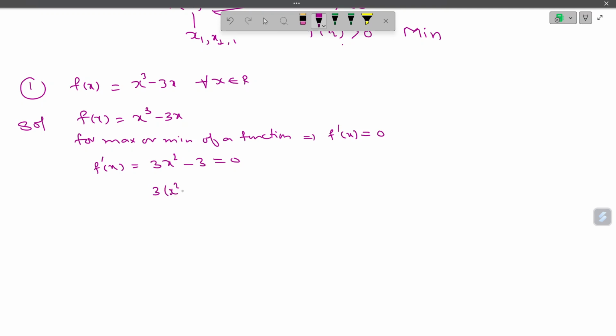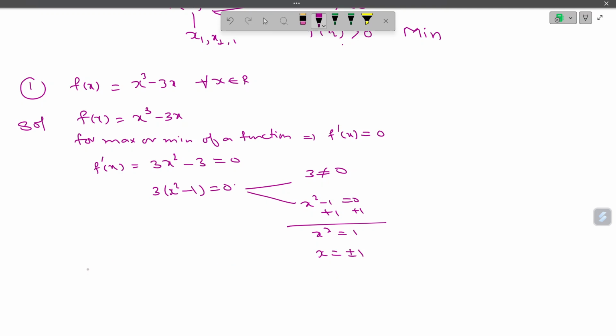Taking 3 common, x square minus 1 equal to 0. So 3 cannot be equal to 0, so x square minus 1 equal to 0. Adding plus 1 both sides, x square equal to 1. So x equal to plus or minus 1.